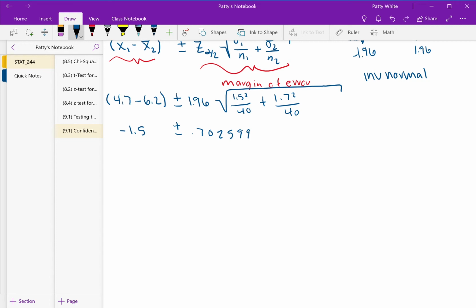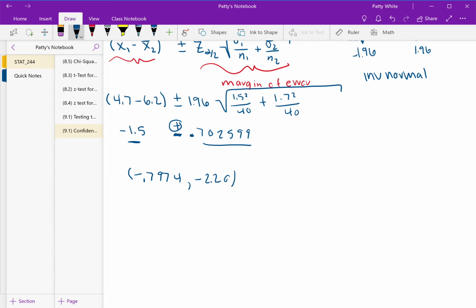0.702599. So you have two answers. You have negative 1.5 plus this value here, and then you have negative 1.5 minus this value here. So you have negative 0.7974 all the way up to negative 2.20. That's your 95% confidence interval.